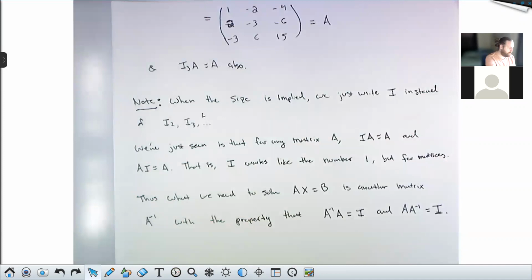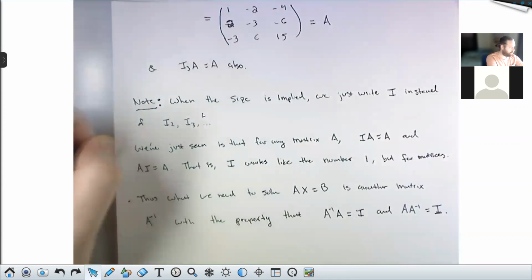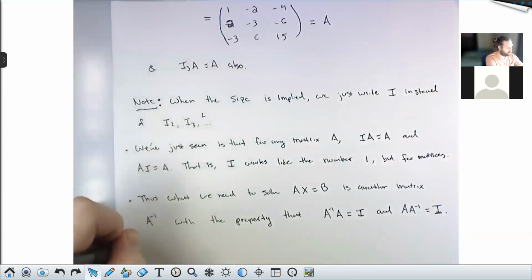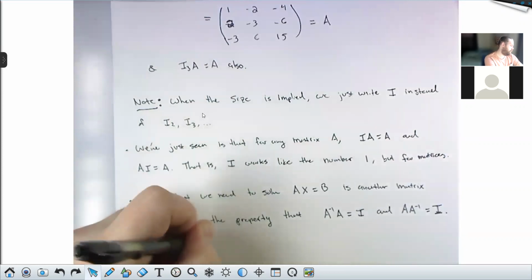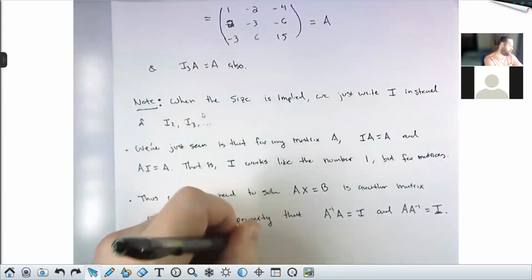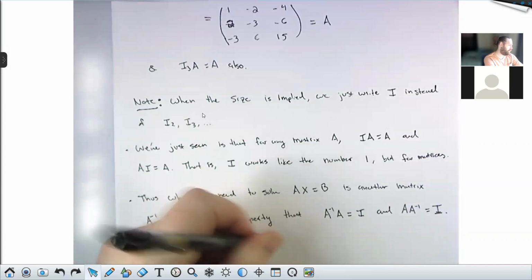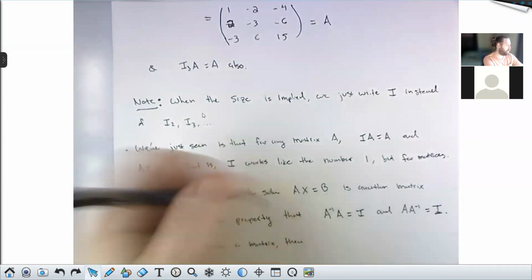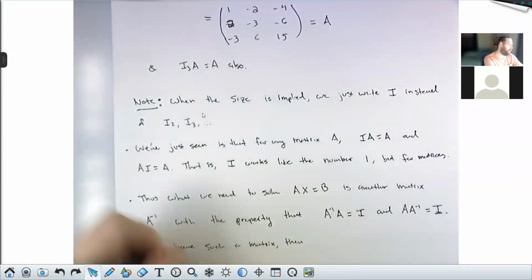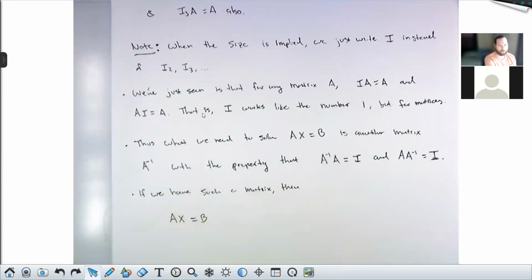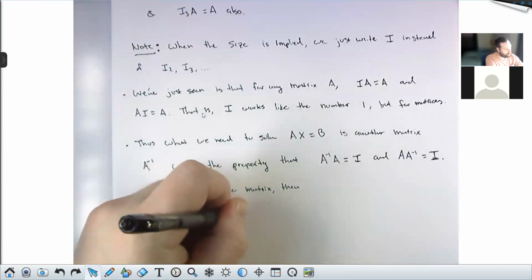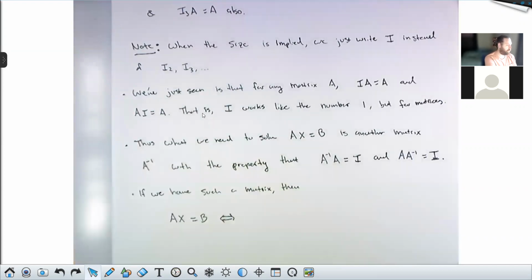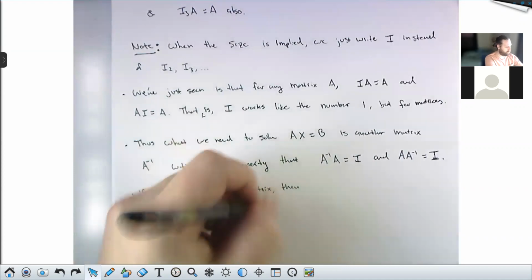Imagine you have such a thing. If we have such a matrix, then beginning with AX equals B, the matrix equation that we know is equivalent to our linear system, we can multiply on both sides by A inverse, and we do so on the left.